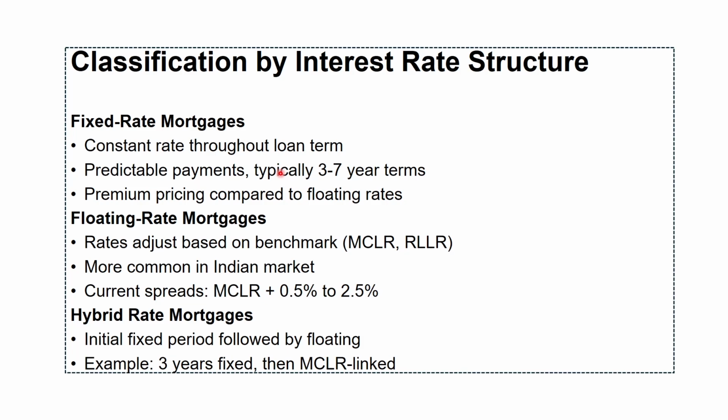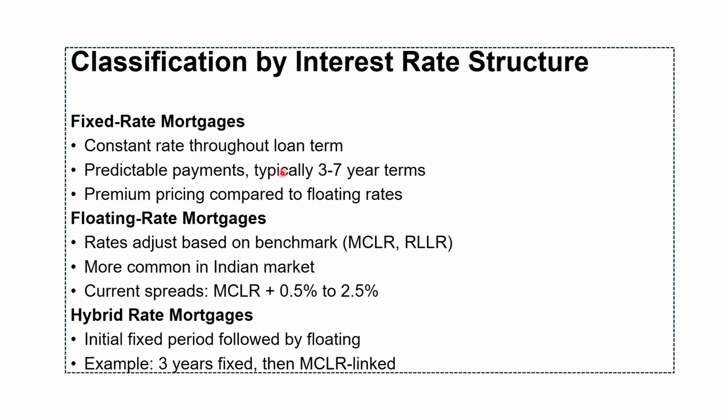Fixed rate mortgages offer constant rates for 3 to 7 years, shorter than residential's 5 to 15 years, with predictable payments at a premium. For example, a 5-year fixed loan for a Chennai office might be 9.5%. Floating rate mortgages are more common, adjusting with MCLR or RLLR with a spread of 0.5 to 2.5%.